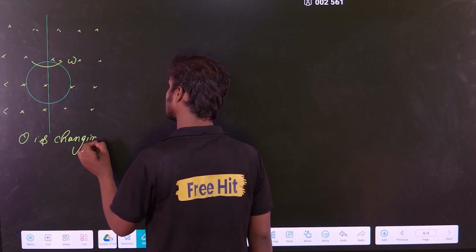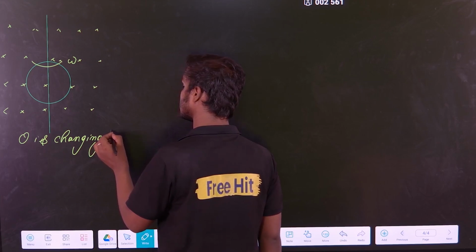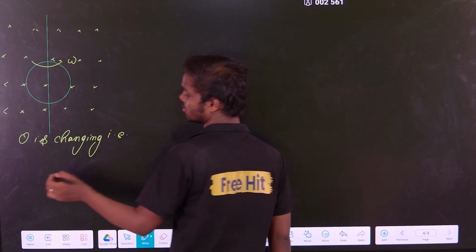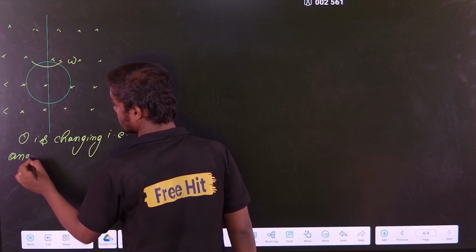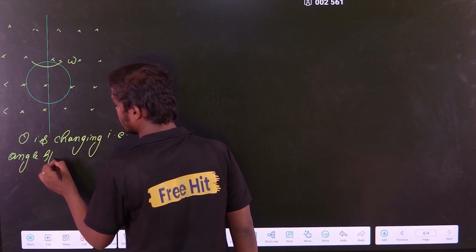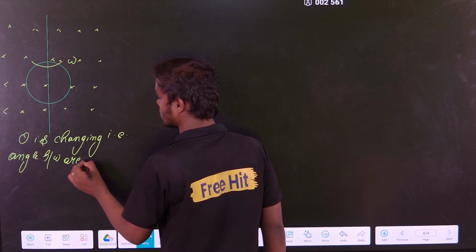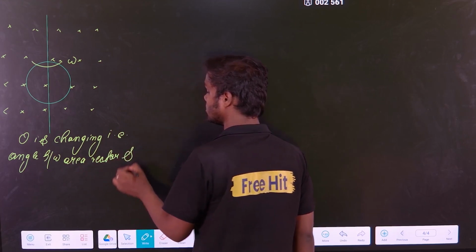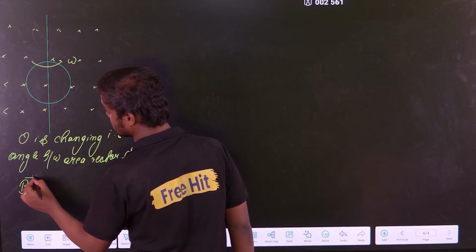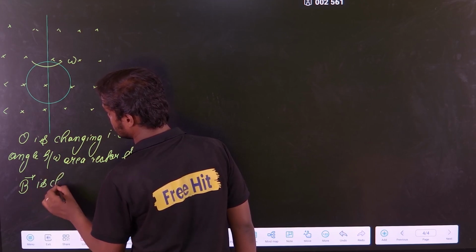Theta is changing. That is, the angle between the area vector and B is changing.